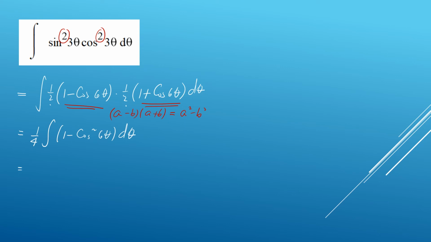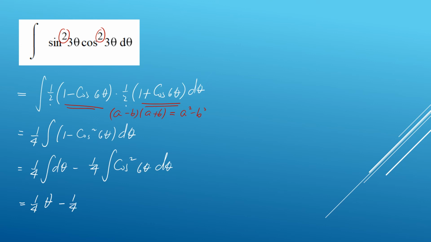We separate this into two integrals. 1/4 d theta minus 1/4 cosine squared 6 theta d theta. The first one is the integral of d theta, which of course is equal to theta. Then minus 1/4. And what do we see here?